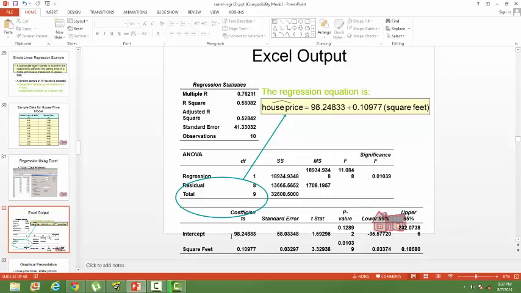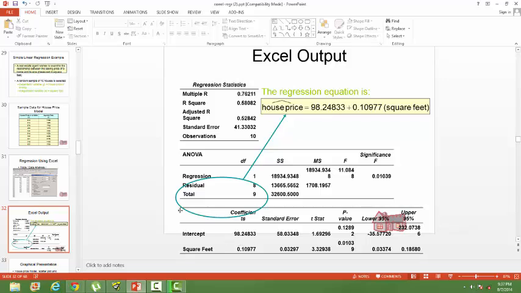Just look at the intercept value. It's 98.24, and then the slope coefficient, that is against the square feet, 0.110977. Okay, so this is our beta naught, the B1, sorry, B0, and this is B1. So we have our intercept as well as the slope coefficient given to us.